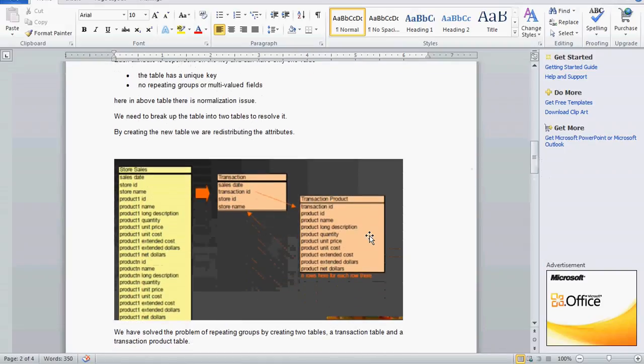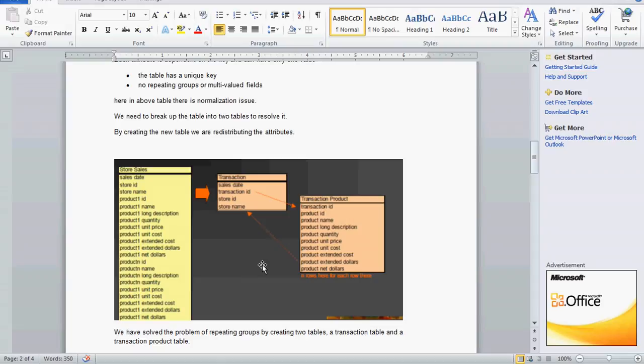How are we going to do it? Here the groups are getting repeated. By breaking this table into transaction and transaction product, we are able to separate that product group. So in this transaction product table, the group is not getting repeated and transaction ID is the unique key.